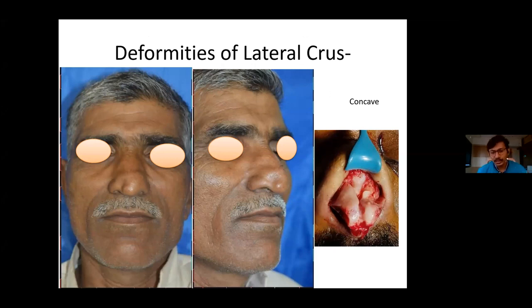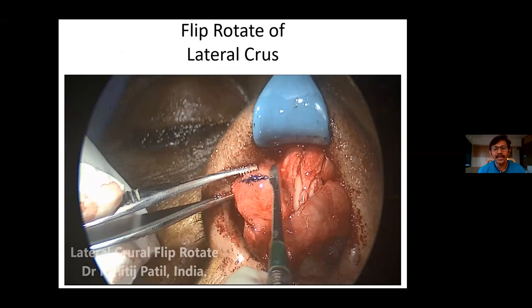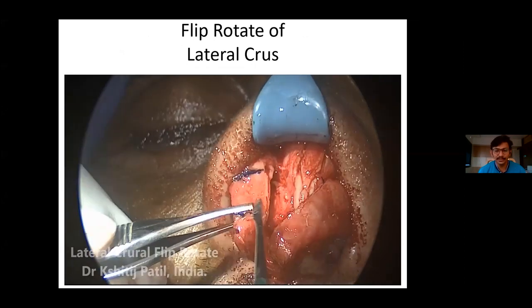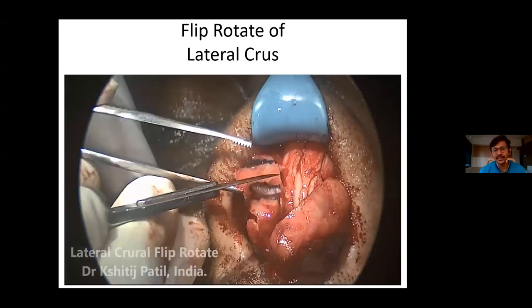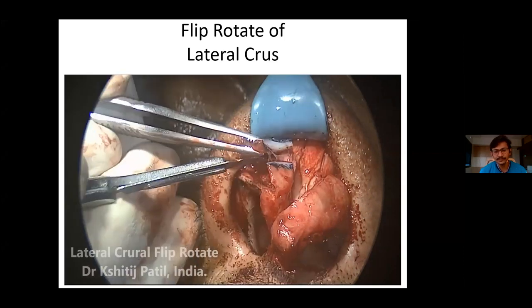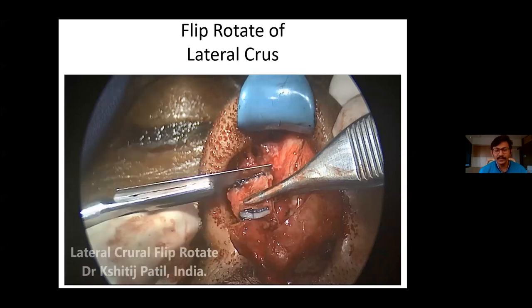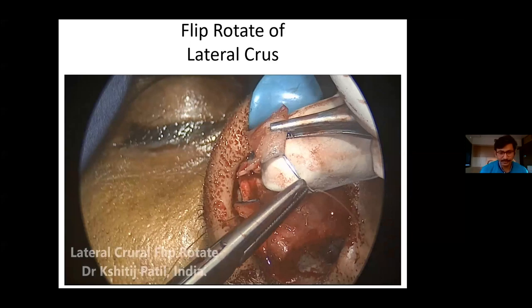So we use this technique of lateral crural flip rotation technique. So the lateral crus was undermined from the skin. It was released from its original position, and then it was flip rotated and sutured in the same place.